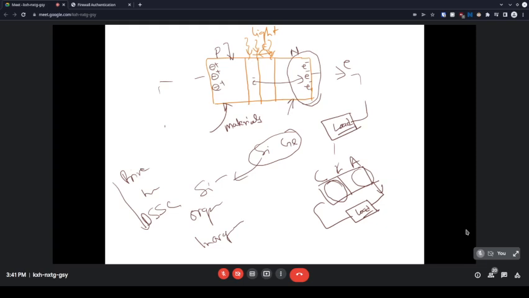Magan, Murli, present, sir. Namita, present, sir. Naveen, present, sir. Namita is there, I have put.